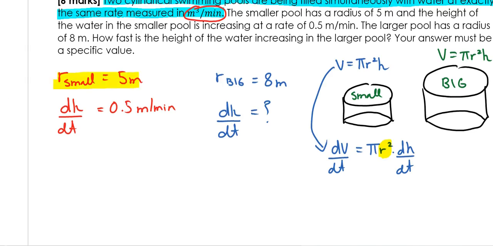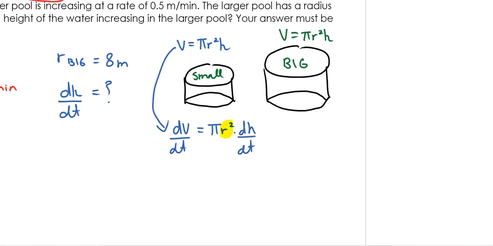The radius will never change in this problem for that small pool. That means the radius for the big pool will also not change, so dV by dt is pi times r squared times dH by dt.